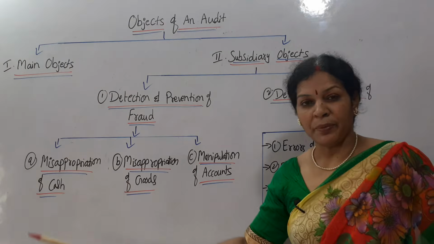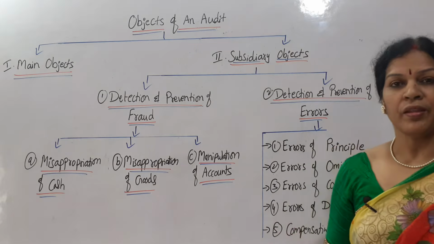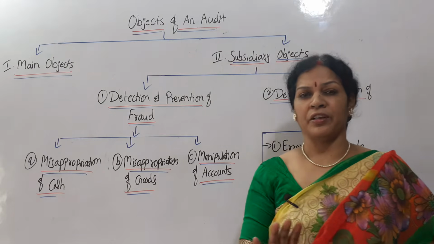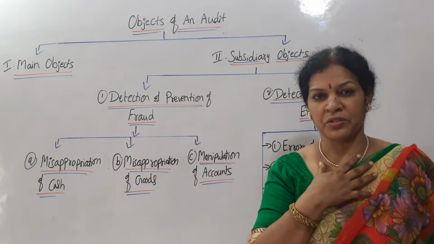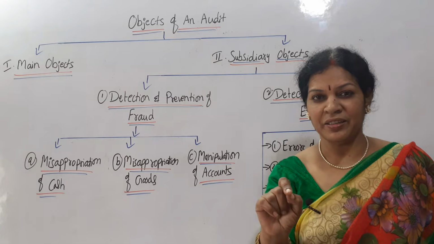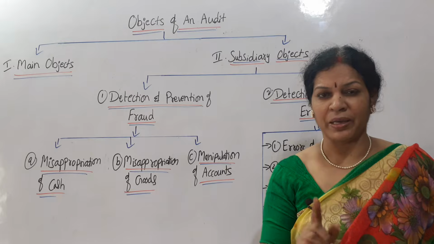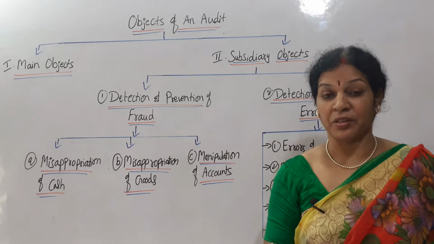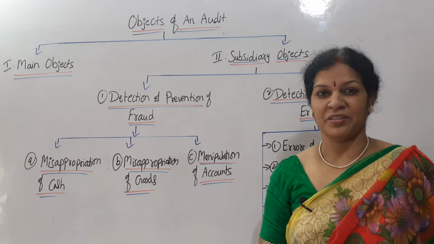Okay, misappropriation of cash means the cash is being misappropriated. How can we misappropriate cash? Let me take an example. Say I have purchased goods worth 1 lakh, but I am writing in the books as 80,000. Actually purchased for 1 lakh but writing in the book as 80,000, means 20,000 is misappropriation of cash.